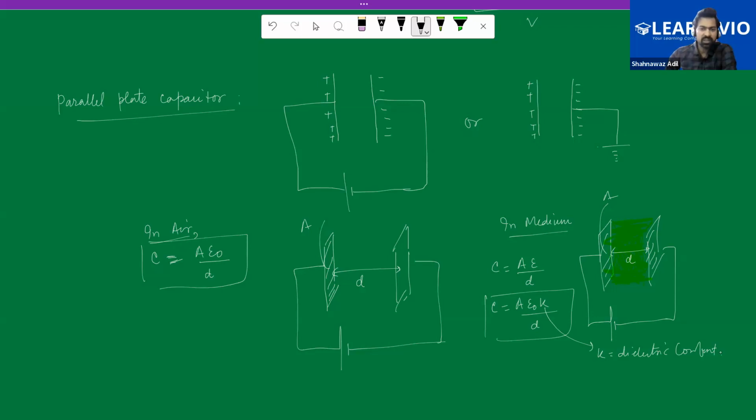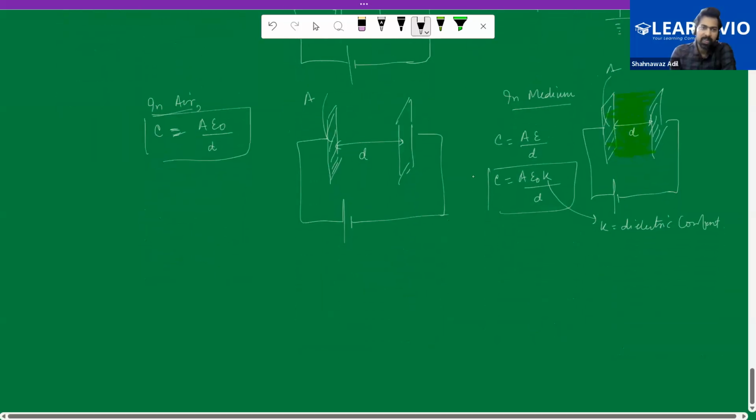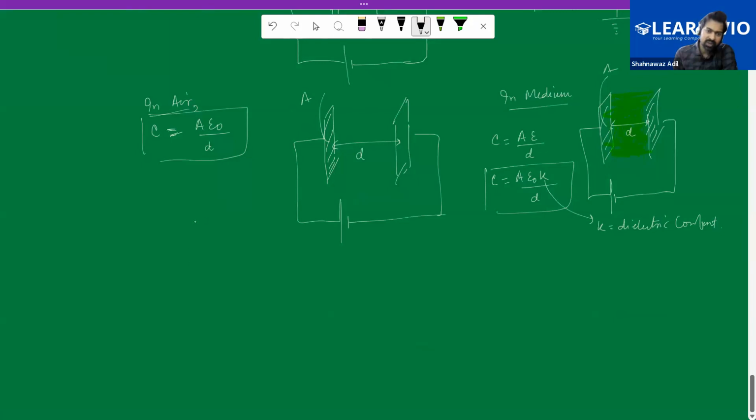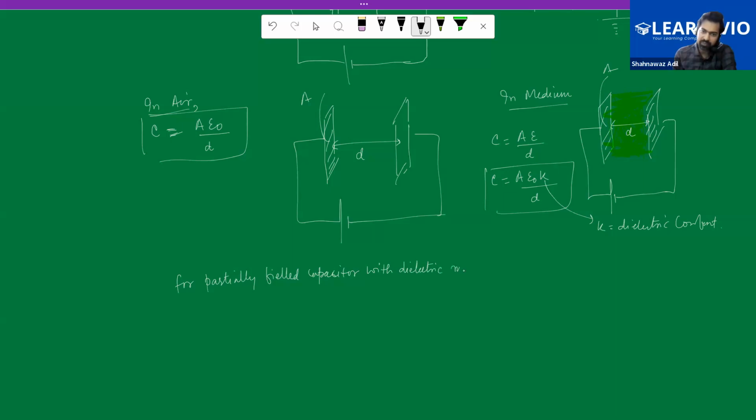Right, so these are the things that we have studied. And we have also studied that for a partially filled capacitor with dielectric material, what is the capacitance?